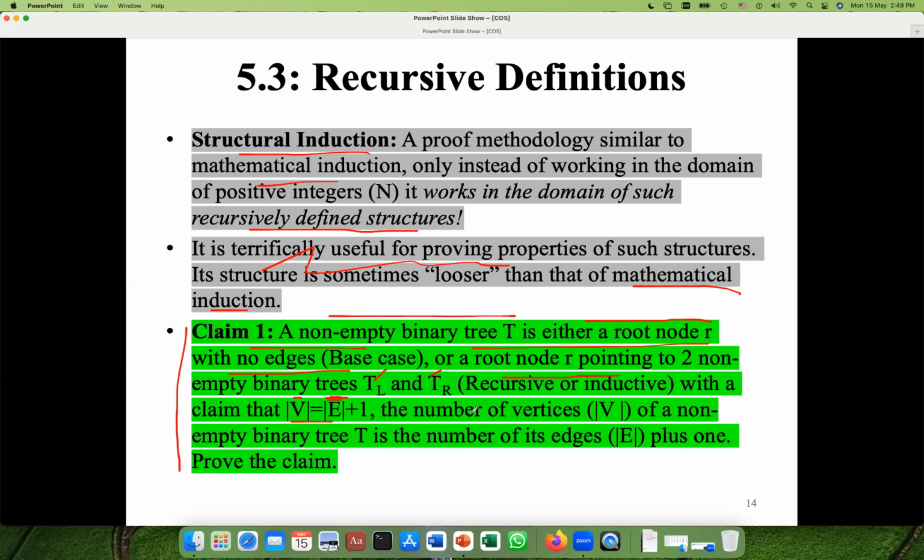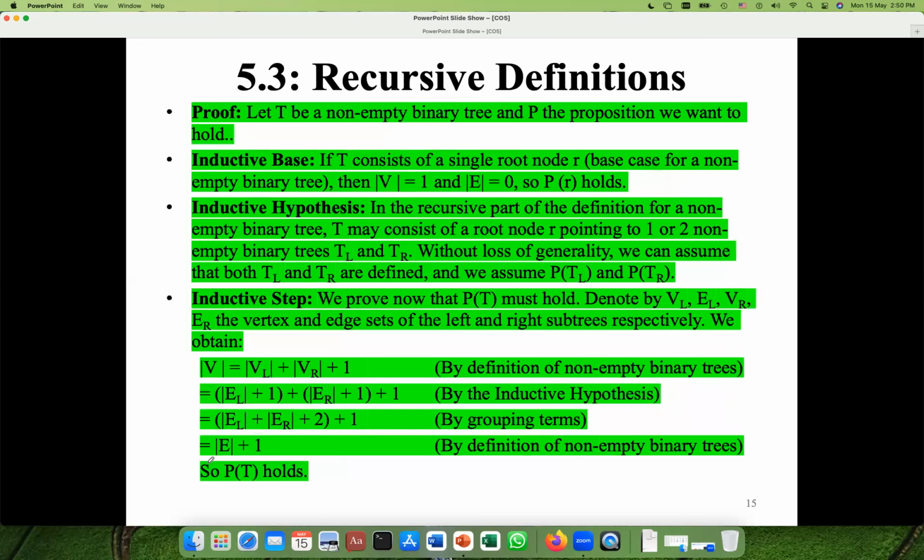So this is what is written here: this is the number of vertices, this is the number of edges, and then plus 1. We have the non-empty binary tree with a single root or with TL and TR, and the size of vertices is equal to the size of edges plus 1. Prove it. So now this is a proof by structural induction.